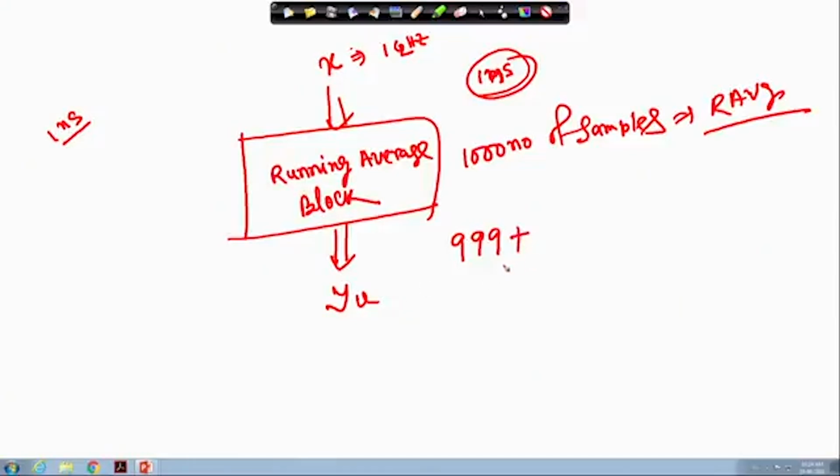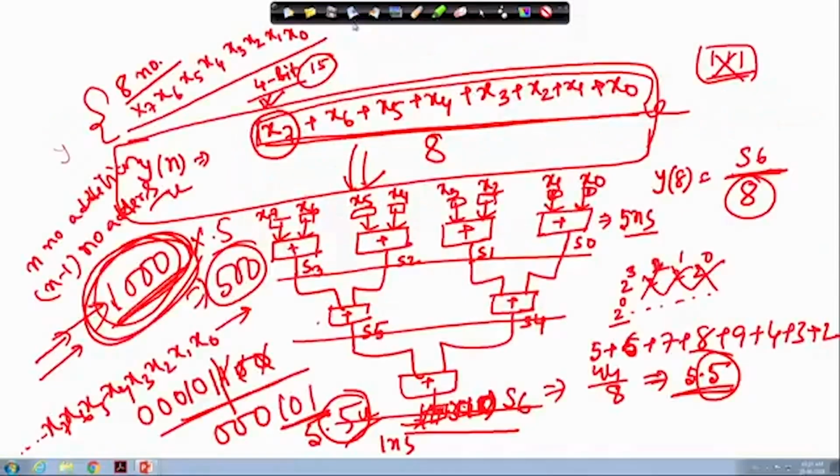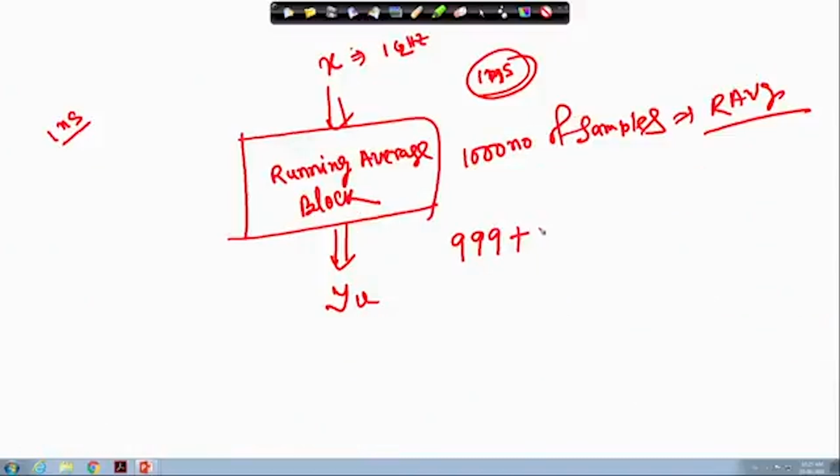Apart from that, I have to consider the adder delay for each of these 3 stages. So, 3 stages are there, and each adder delay is 5.